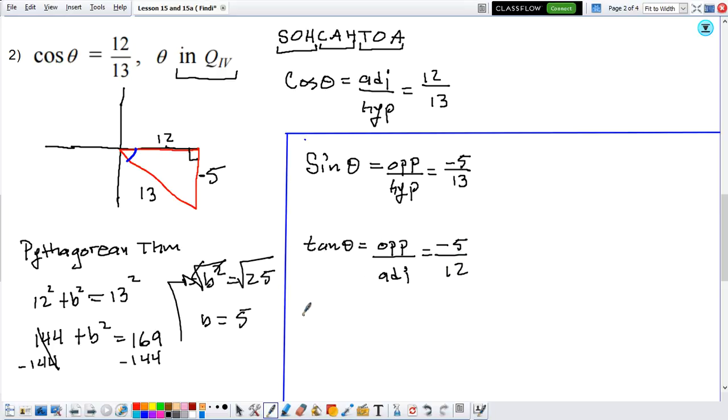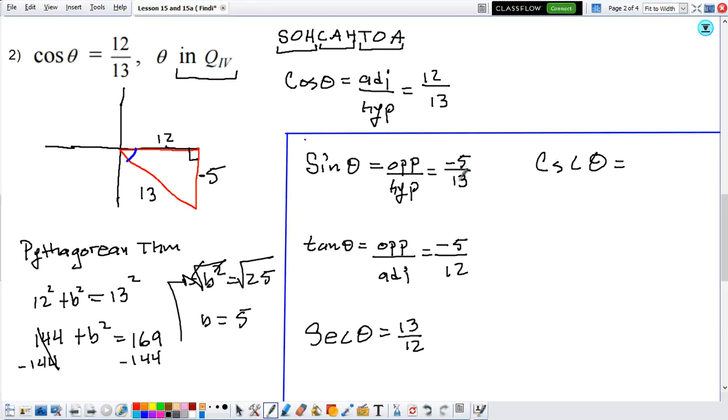Now we need to find secant. But remember that secant is the inverse of cosine. So if we know that cosine is 12 over 13, that means that secant is 13 over 12. Now we need to find out cosecant. But we know that cosecant is the inverse of sine.